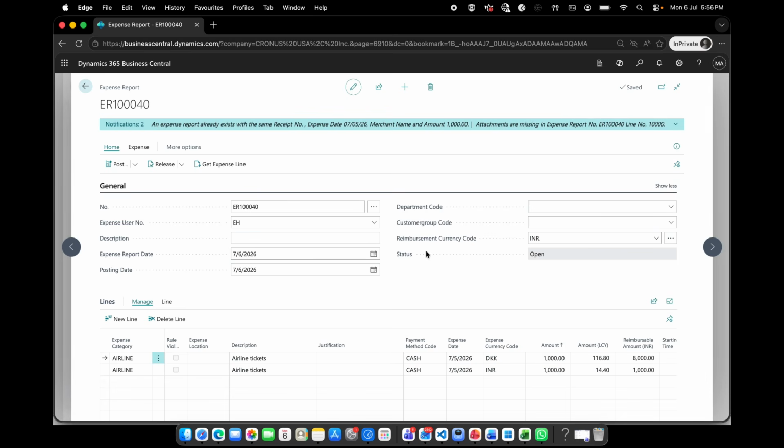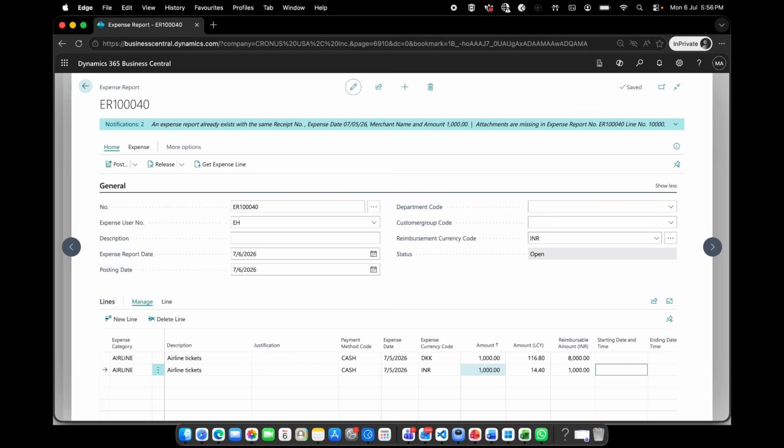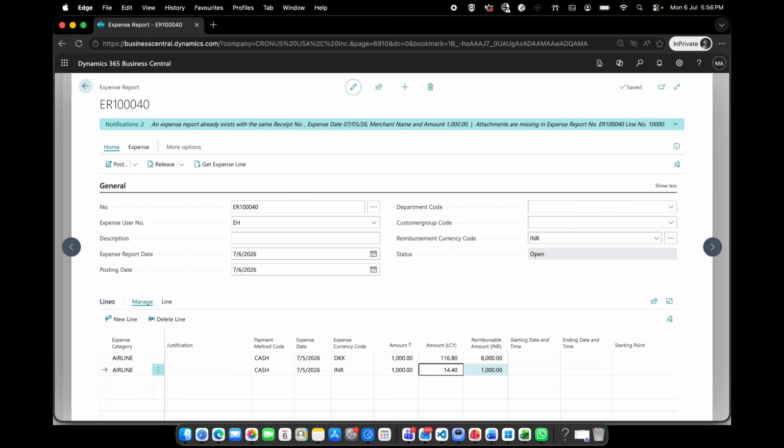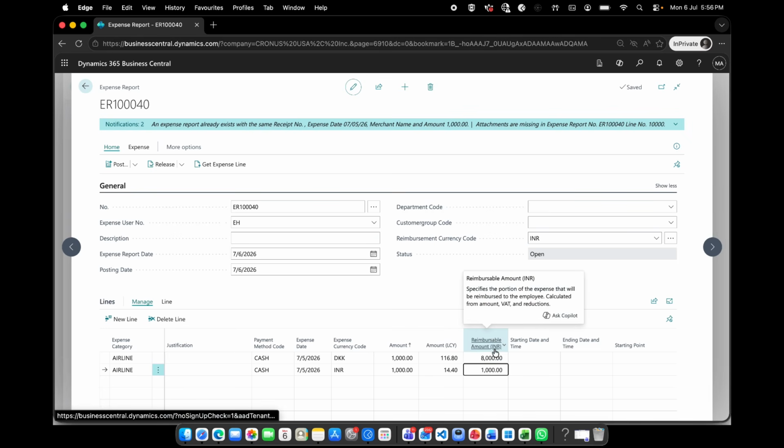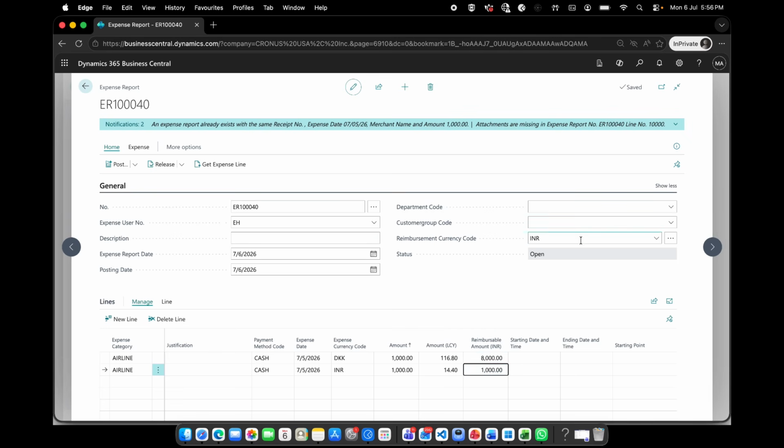So now you will notice that it was 1000 INR, and I will get 1000 INR, which basically makes sense. So my reimbursement amount in INR, now you can see the currency here got changed as well, is 1000 INR. And based on the conversion rate of INR to LCY, the amount converted to DKK is 8,000.